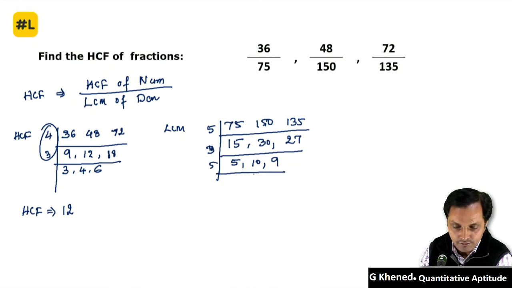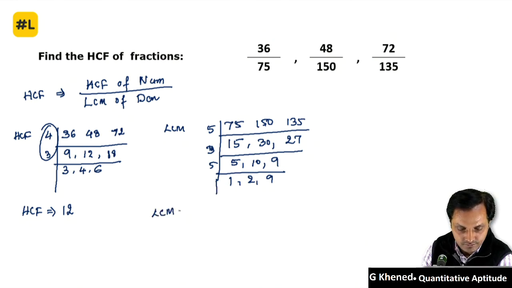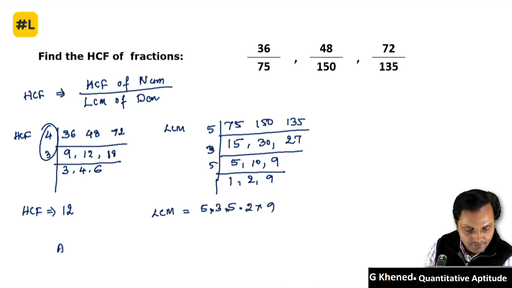and 5 1s are 5, 5 2s are 10 and 9 as it is, and your LCM will be now 5 into 3 into 5 into 2 into 9. So what is your final answer? Your final answer should be HCF of the numerator, that is 4 into 3, better I will write this way.